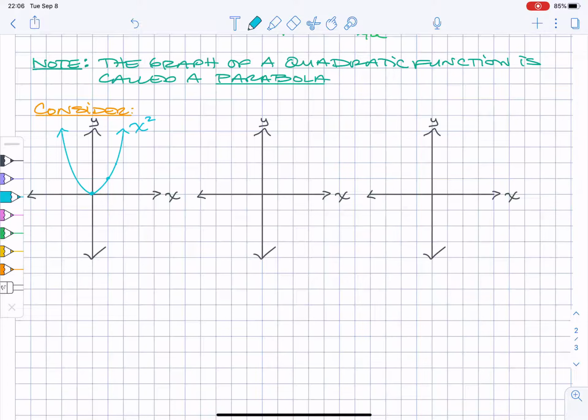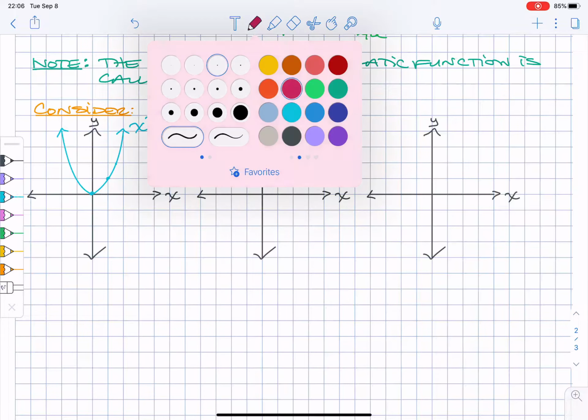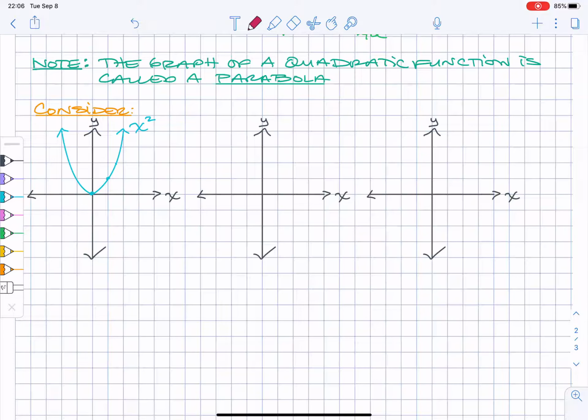Now recall if we multiply by a negative, what happens? So the graph of negative x squared reflects about the x-axis, right?